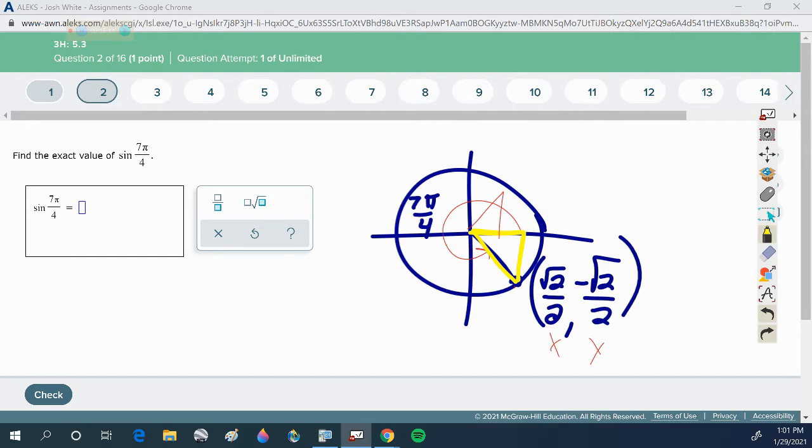Okay. So this is asking, what is the sine of 7 pi over 4? Well, sine is opposite over hypotenuse. So in this triangle, what is the length of the opposite?